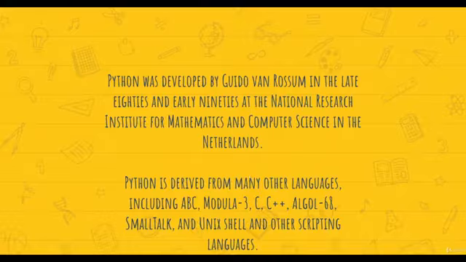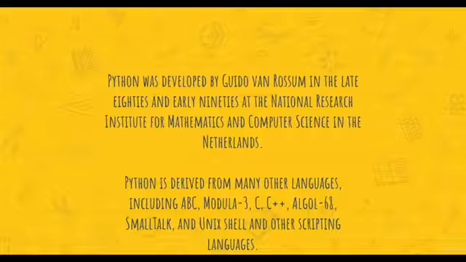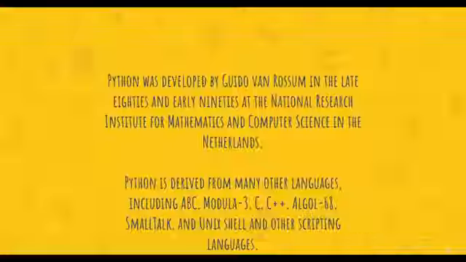But talking more about the history of Python, it's a trending high-level language used for programming purposes, and it was initially released in 1990, and it has been 30 years to its popularity.